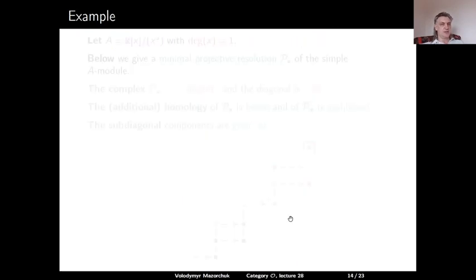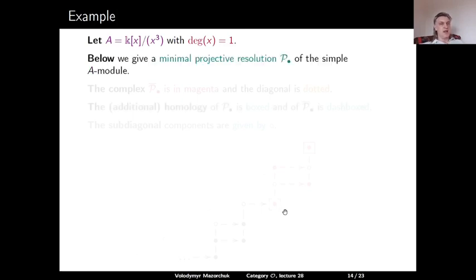So here is an example. Let A be k[x] modulo x cubed with the natural grading, the degree of x being 1. Below we will give the minimal projective resolution of the simple A-module. So it will not be a diagonal complex. It will have the diagonal part which is overlined and which will be colored in magenta.